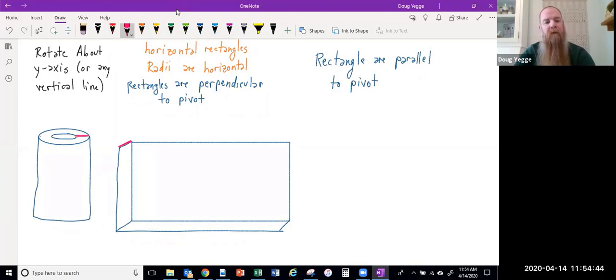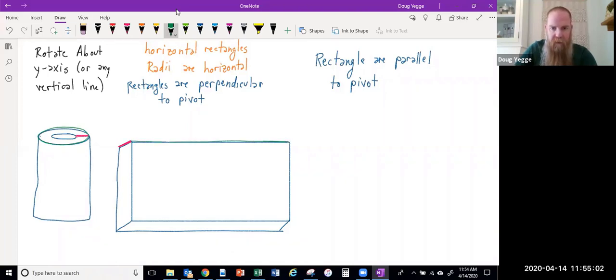We're also going to need to know the circumference, because the circumference here is what this length is going to be.